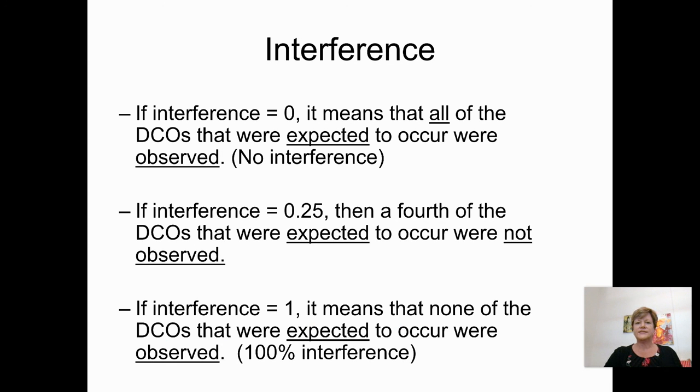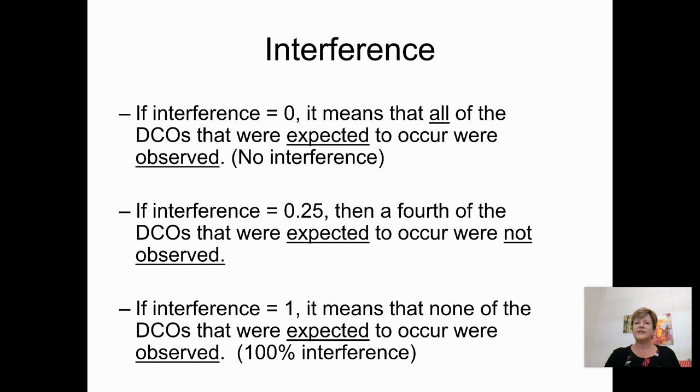So if interference is 0, that means your coefficient of coincidence was equal to 1. And like I said, that means that you got exactly the same amount of DCOs observed as what you expected. If interference equals 1, that means your coefficient of coincidence was 0. That means you didn't get any DCOs at all, so they were all inhibited, they were all interfered with.